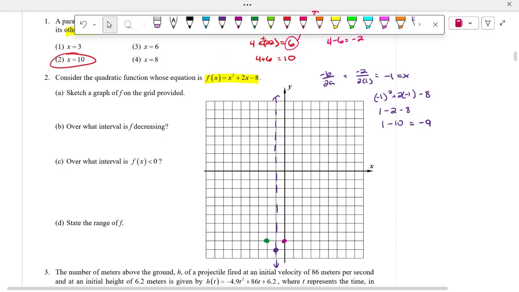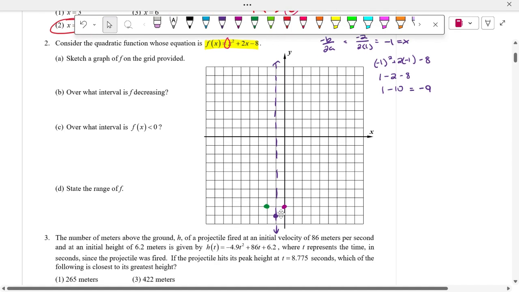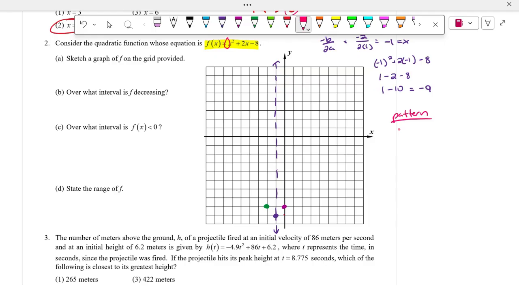Or you could do the pattern to find them. So remember, it's all based off of your a value. So if your a value is 1, if you go out 1, you do 1 squared. So the pattern, if for x, you go out 1, your y would be 1 squared because your a value is 1. So if you go out 2, your y would be 2 squared.